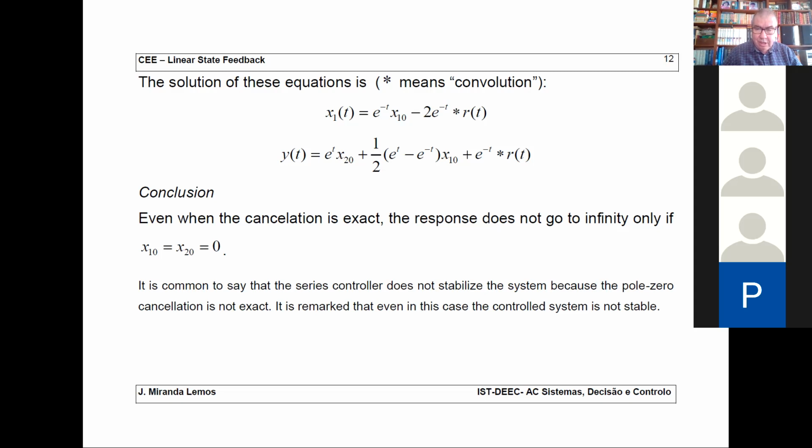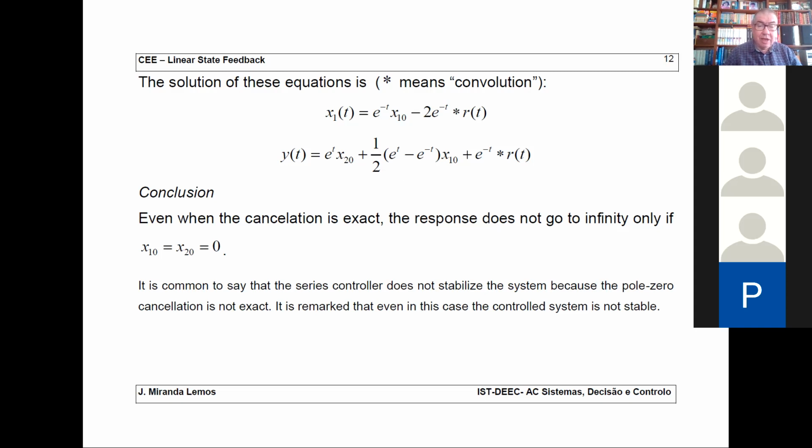Okay, so this example shows that you have more information in the state model than in the transfer function. If you start doing pole-zero cancellations, actually you are throwing away information. And if this cancellation is done with unstable poles, then you get into trouble because you are forgetting that the input will not excite these unstable poles, at least in this case. But there are initial conditions that can excite those poles.